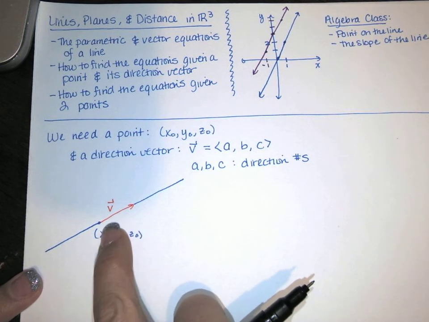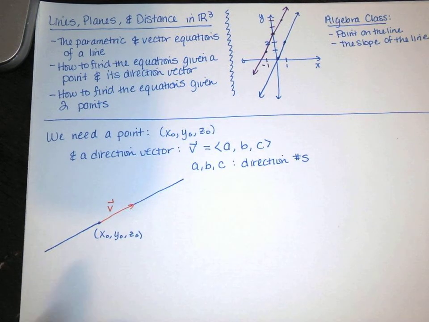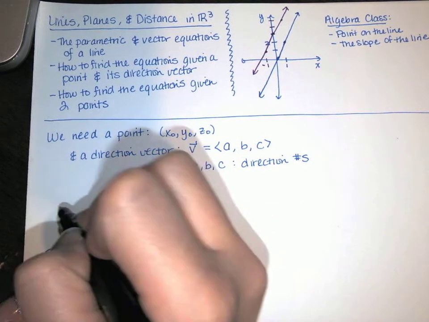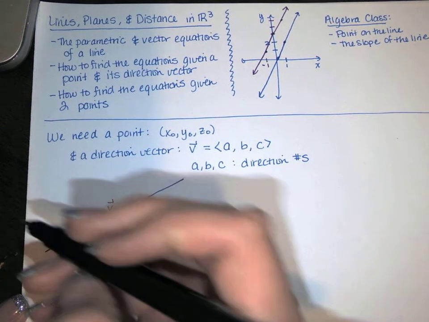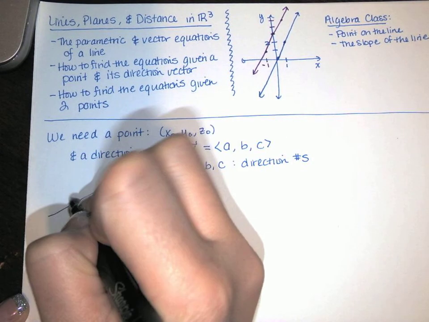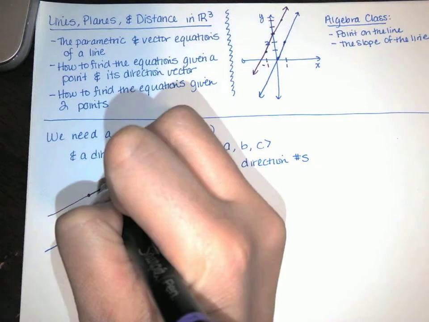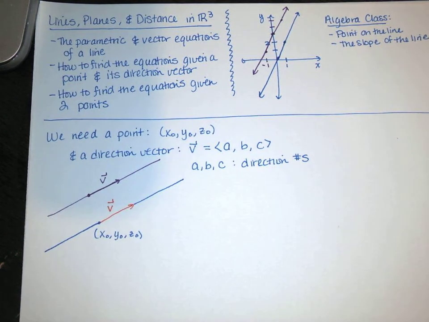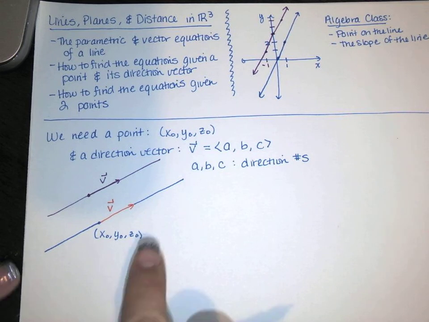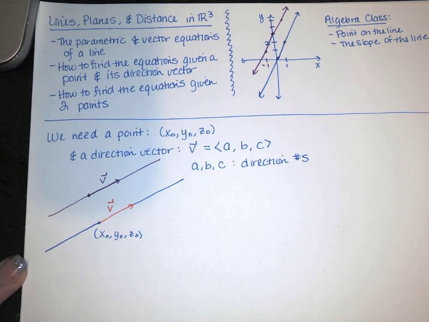So the vector indicates the direction, and that point distinguishes it from all the other lines, like this one over here, that have the same direction vector but pass through a different set of points. That has the same direction vector v. So I need this point, and that v is indicating the slope.